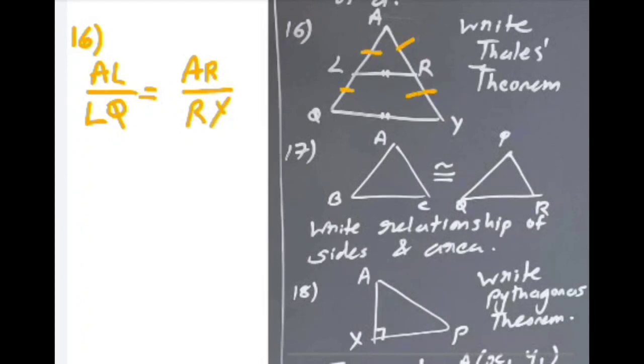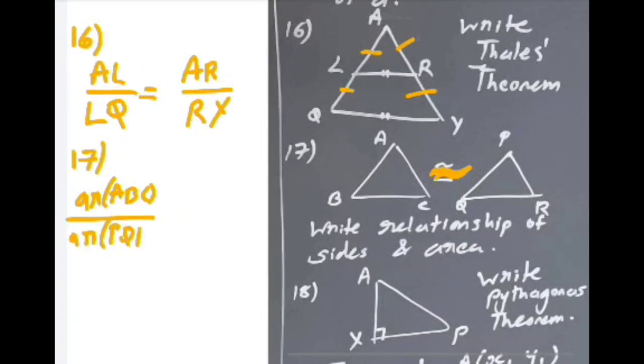That is Thales theorem. Now if these two triangles are similar, okay, for the similar triangles, write relation of sides and area. So that theorem we can write it like this: area of triangle ABC upon area of triangle PQR, that is equal to side square.